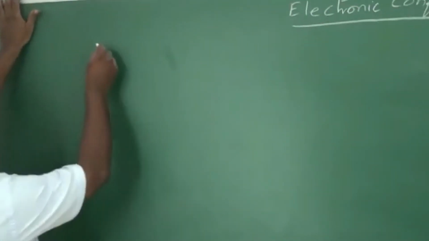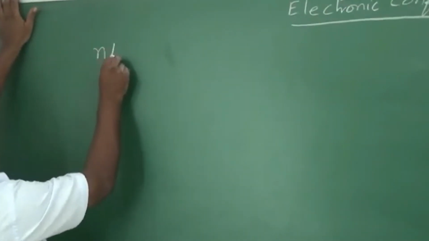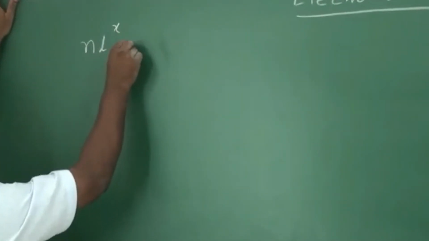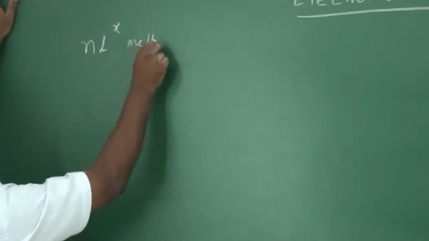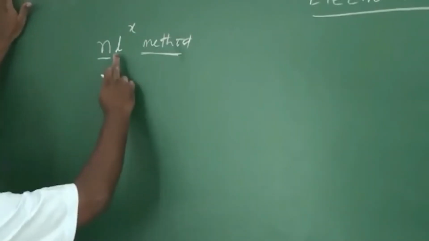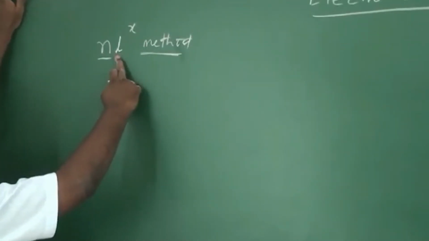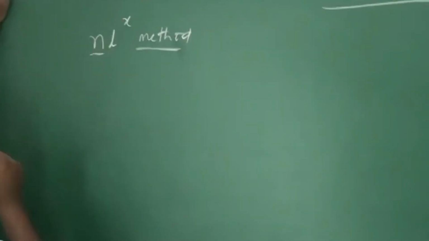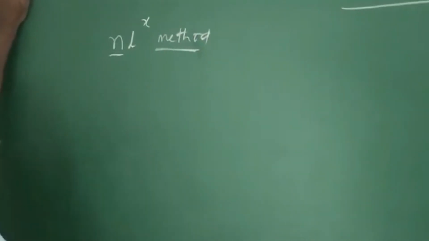One is the nlx method. n stands for the principal quantum number, l stands for the angular momentum quantum number, and x stands for the number of electrons present in that subshell.